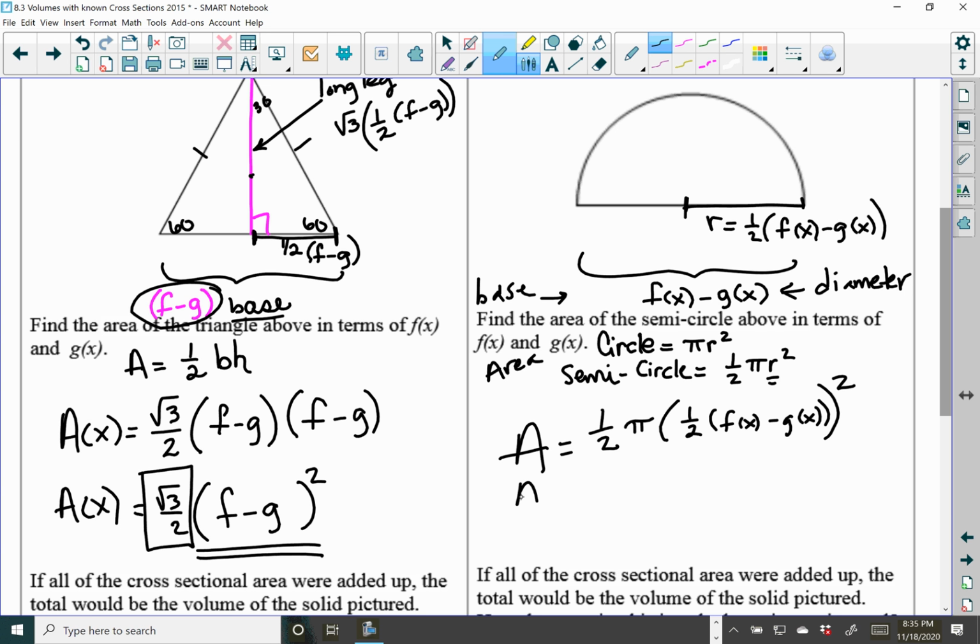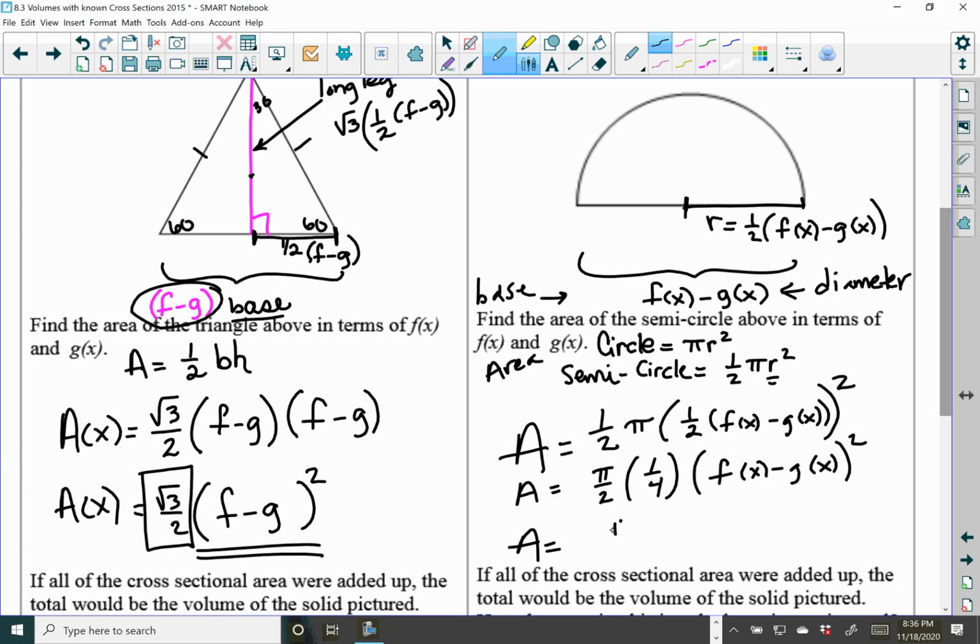So where does that take us? I'm going to have pi over 2, let's just simplify that lead coefficient, times a 1/4, squaring the half there, and then that's going to leave me an f of x minus g of x quantity squared. All right, one last simplification.